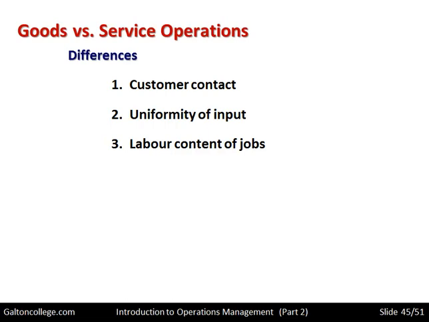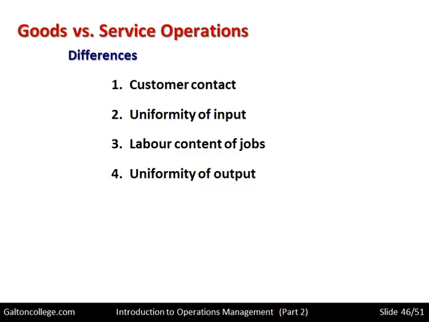Now, I agree that when we go to the bank, we may go to an ATM and get our cash out from a machine. But in the event of something going wrong, let's say, or we've forgotten our PIN number or whatever, we may have to contact the bank. We're going to deal with a person. So labour content in services is much more than with products.